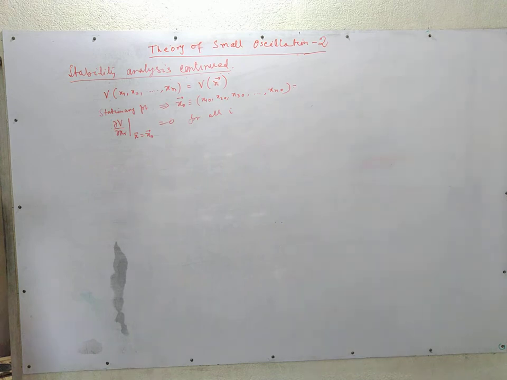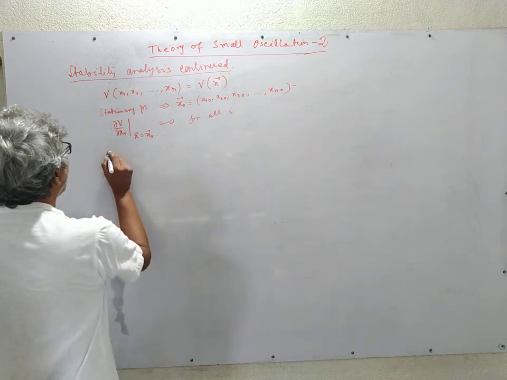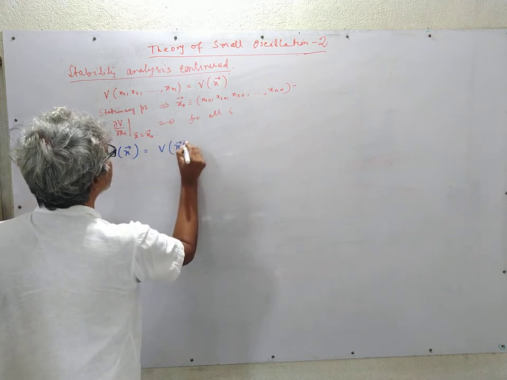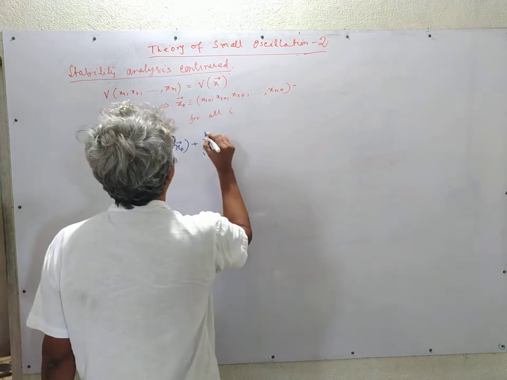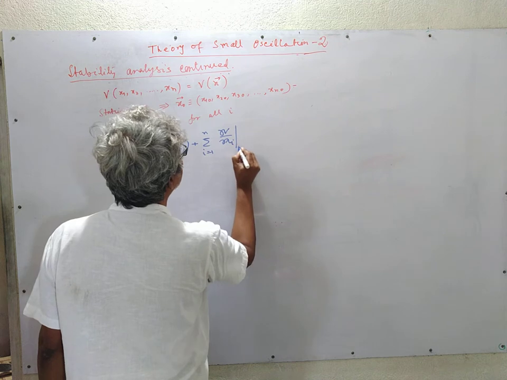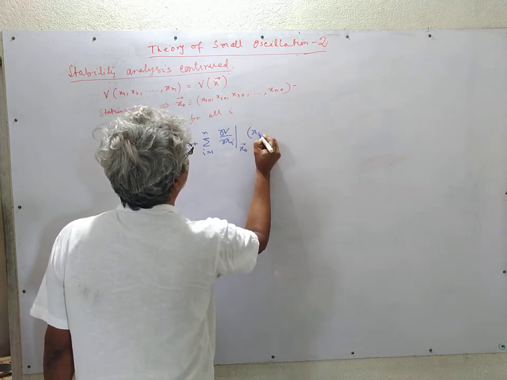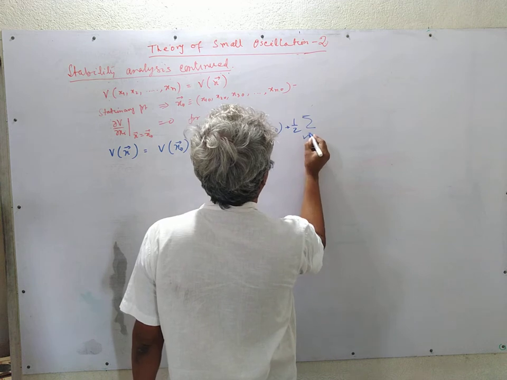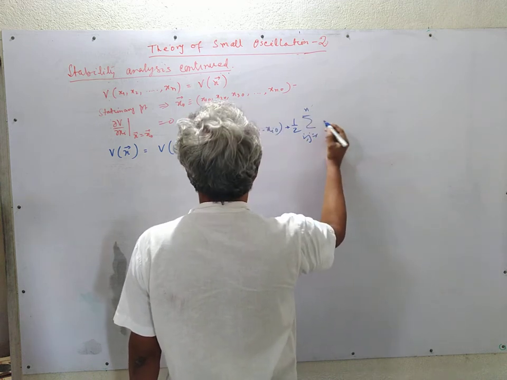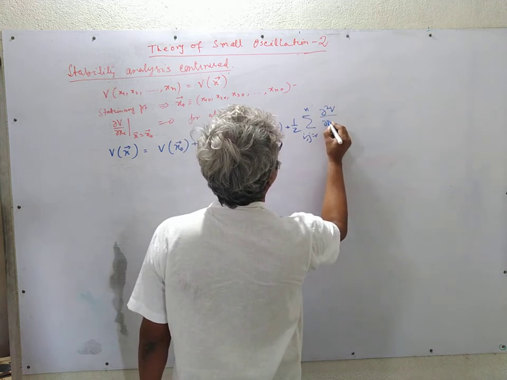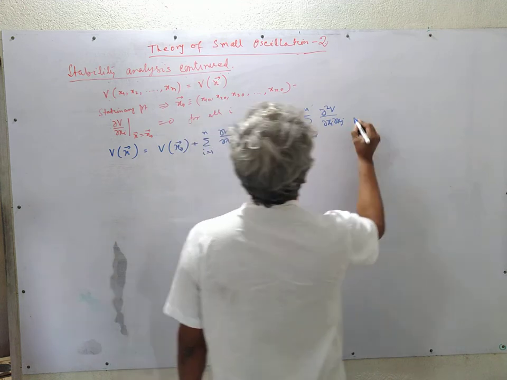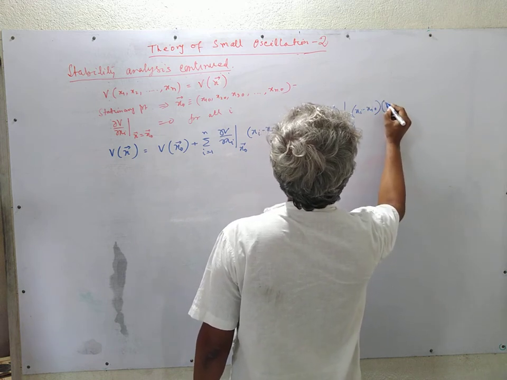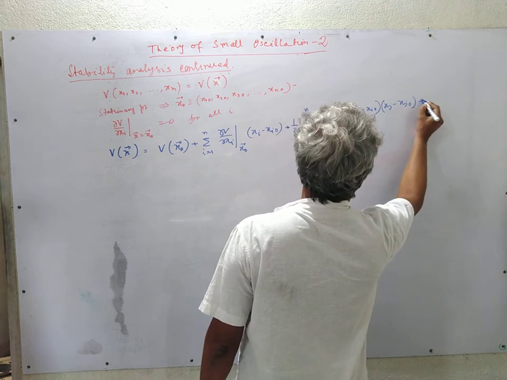For its characterization, we can expand V of x about the stationary point as V of x0 plus the summation over i equal to 1 to n of del V del xi at x0 times xi minus xi0, plus half the summation over i, j, both running from 1 to n, of del 2V del xi del xj evaluated at x0, times xi minus xi0, xj minus xj0, plus higher order terms.